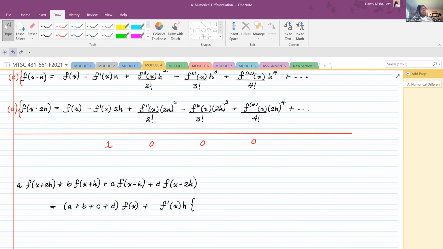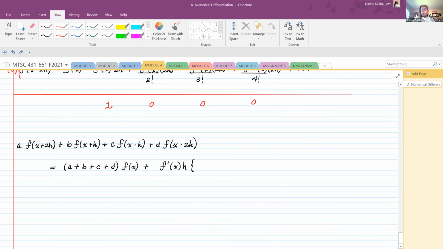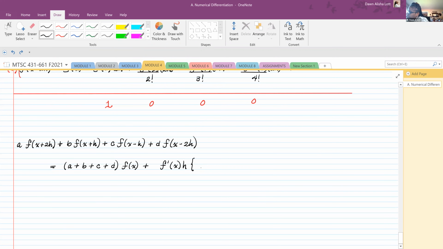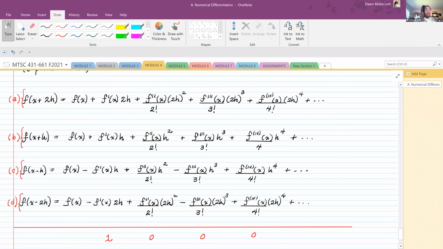Okay, so now I see that I'm going to have 2 times A plus B minus C minus 2 times D. Okay, so does everybody see that? So I get 2 times A plus B minus C minus 2 times D. So that is what I get on the coefficient of the f prime.